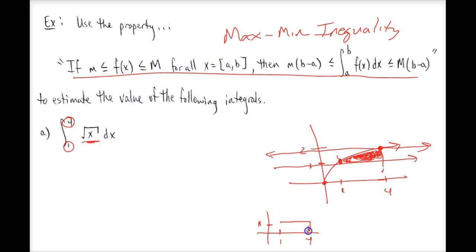So looking at that, that area would just be a width of 3 and a height of 1. So that would just be 3. So we'll say the area of the lower and the area of the upper.